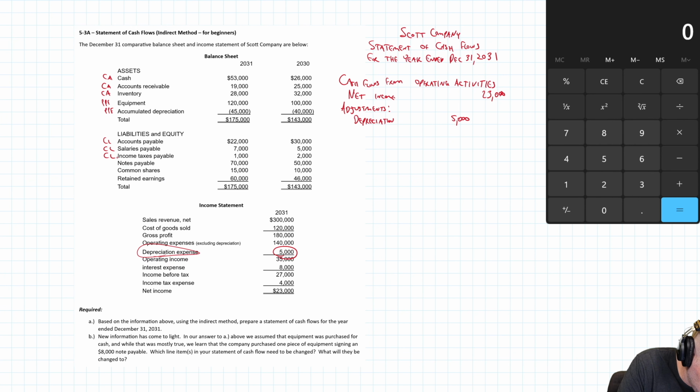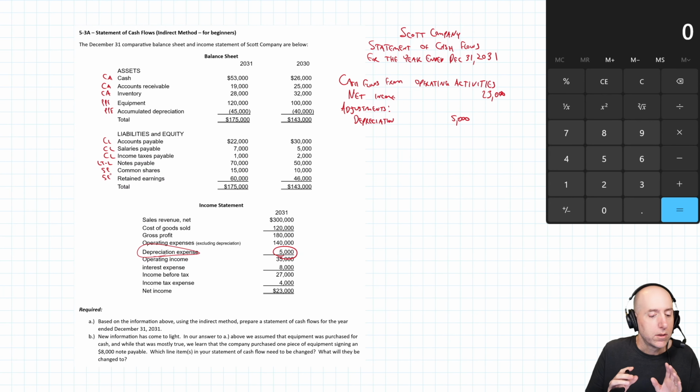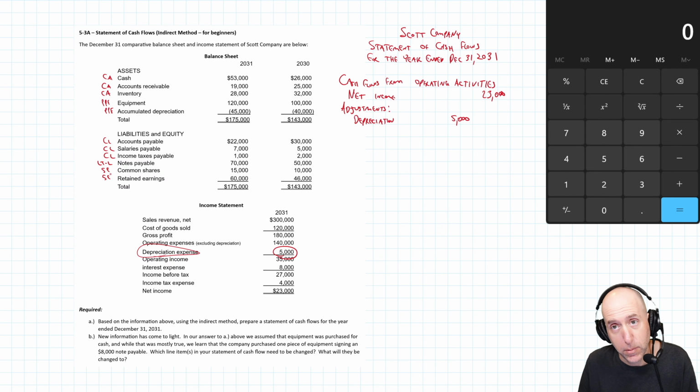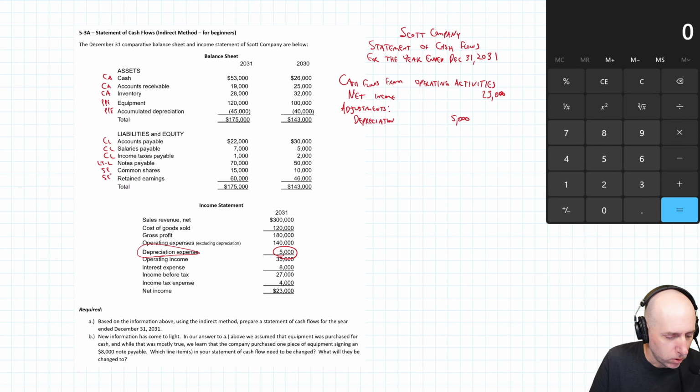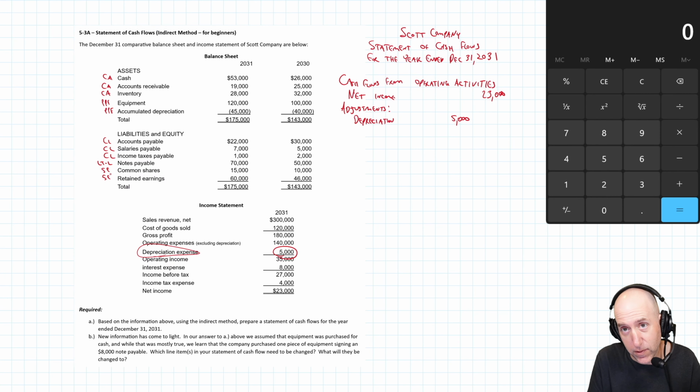Salaries, current liability. Income taxes, current liability. We're going to assume notes payable are long-term. And common shares and retained earnings are equity accounts. So change in current assets and current liabilities belong to the operating section. Changes to long-term assets belong in the investing section, and long-term liabilities and equity belong in the financing section.